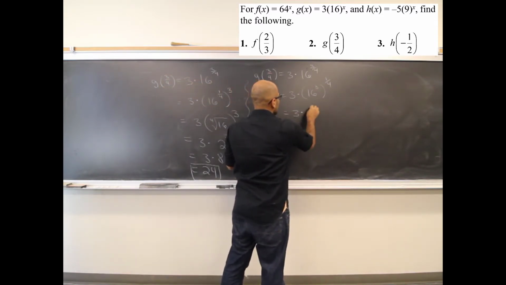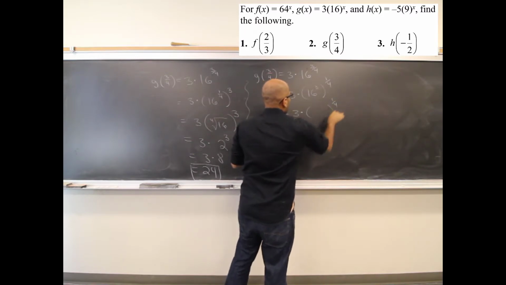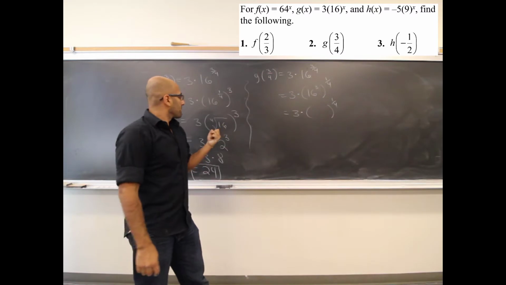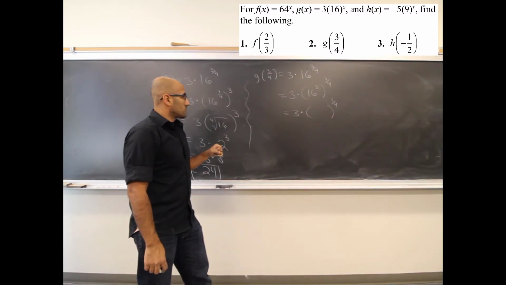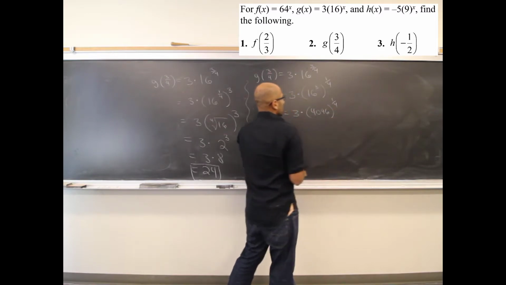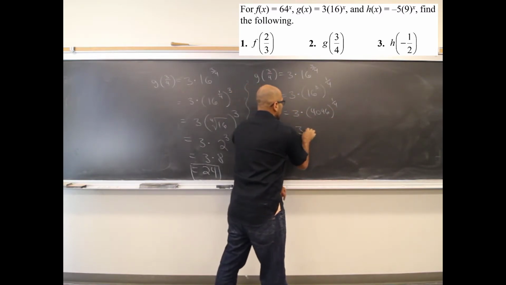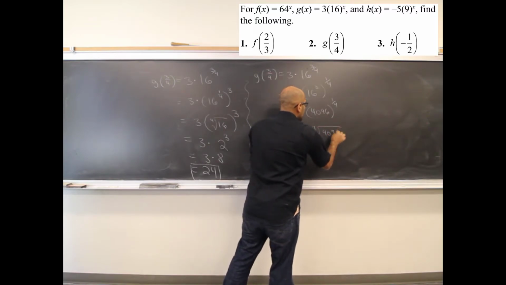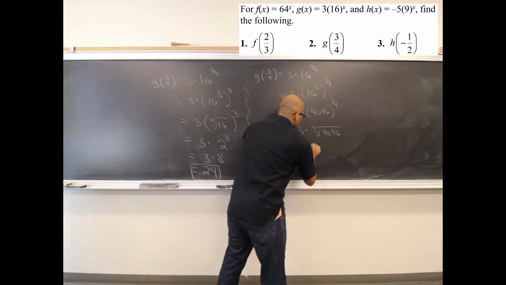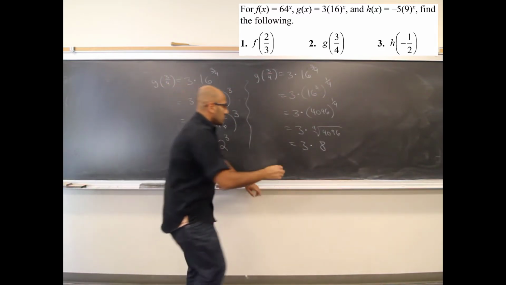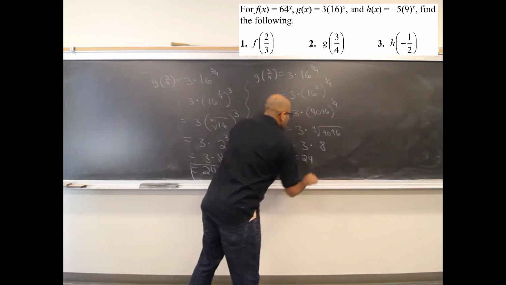People with calculators, it'll help. 16 to the 3rd power is 4,096. Then this would be 3 times the 4th root of 4096. I'll save you some suspense. It's got to be an 8, because I know it's got to be the answer to this one. So I know I'm going to ultimately get the same result.